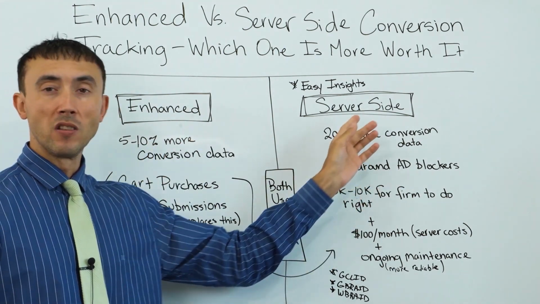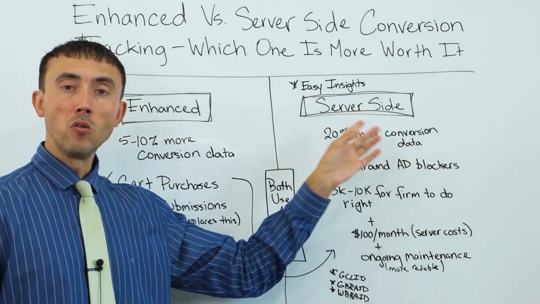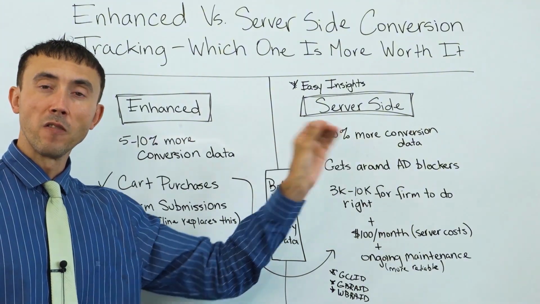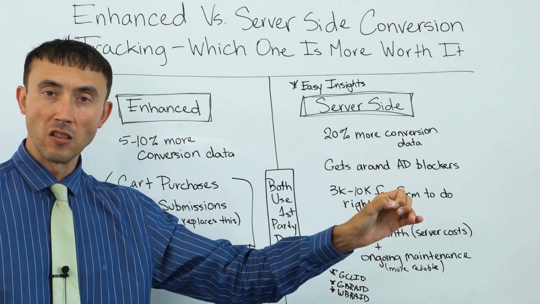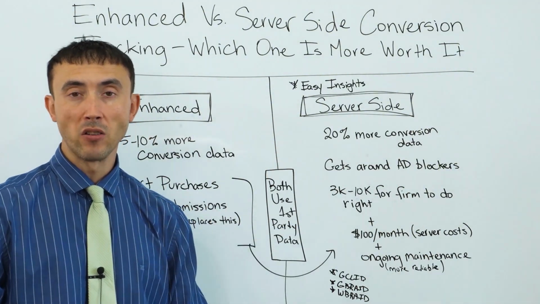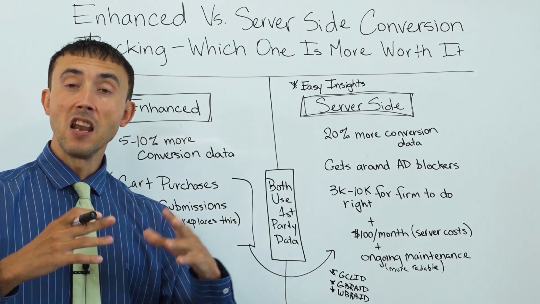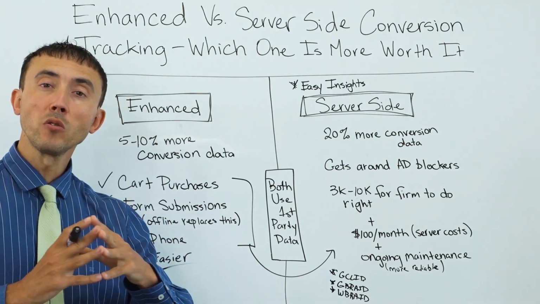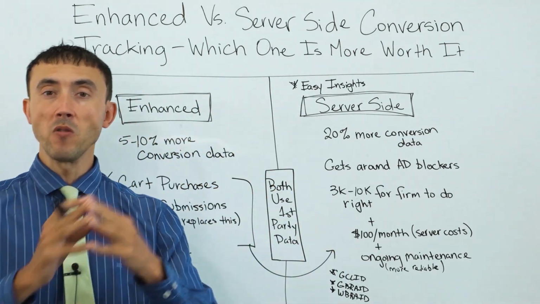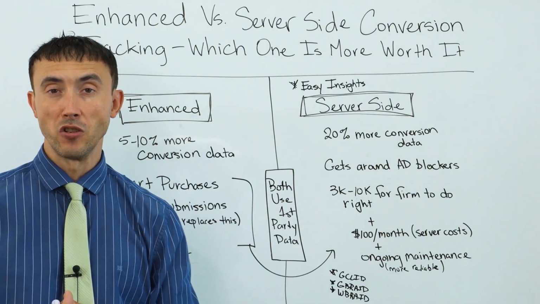That is, you can send the Google Click ID to Google to fire a conversion when the user purchases without having the user's browser do it. But in addition to that, you can also send the user's email address and phone number to get a bit more conversion data.